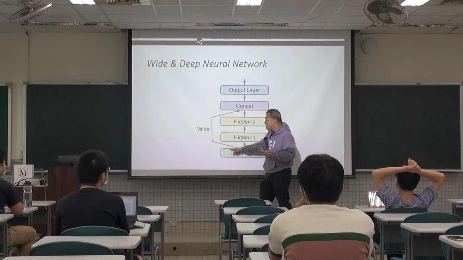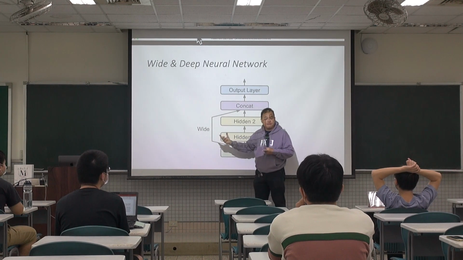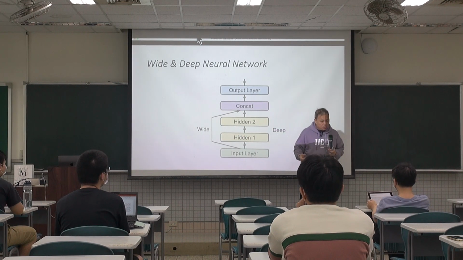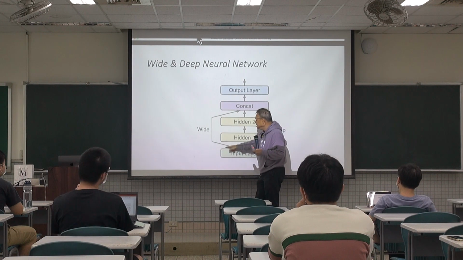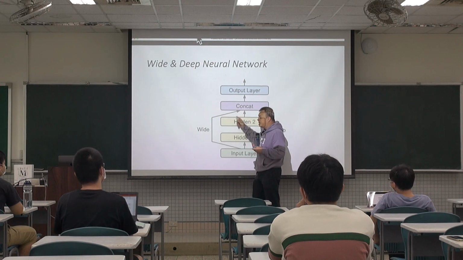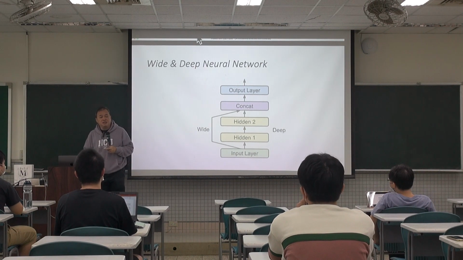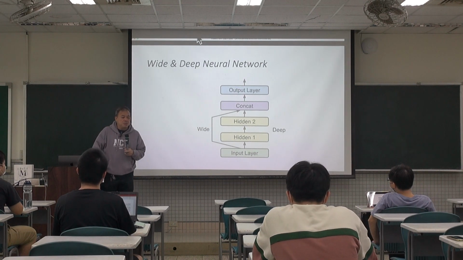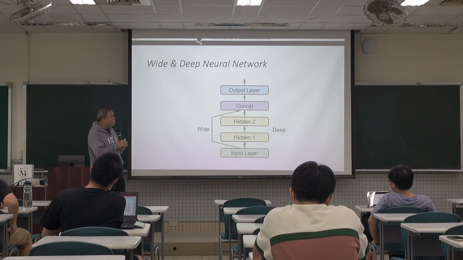We call this path wide. Actually, later on when you learn the residual network or ResNet, this path is sometimes also called skip connection because it skips several layers, right? It skips several layers.